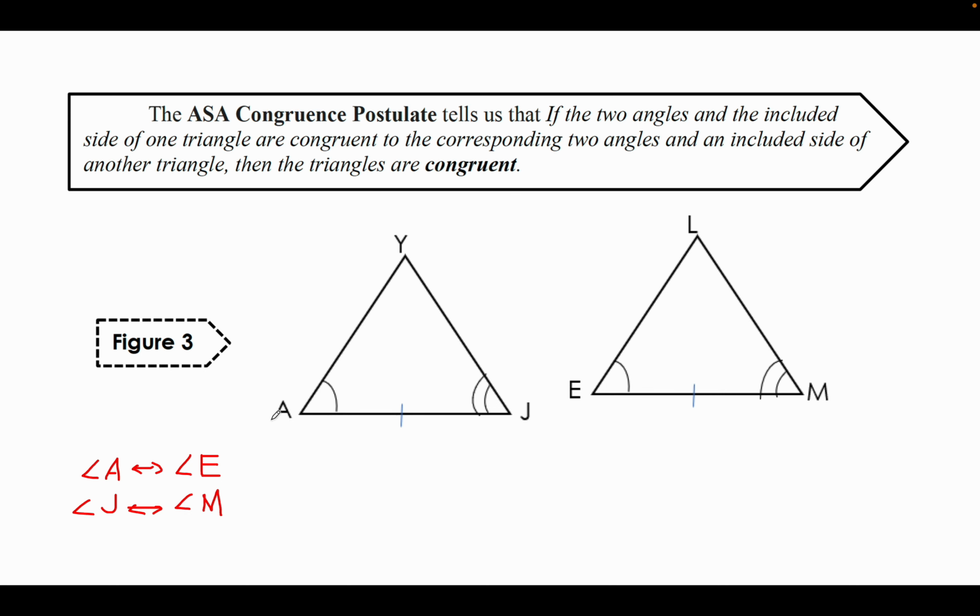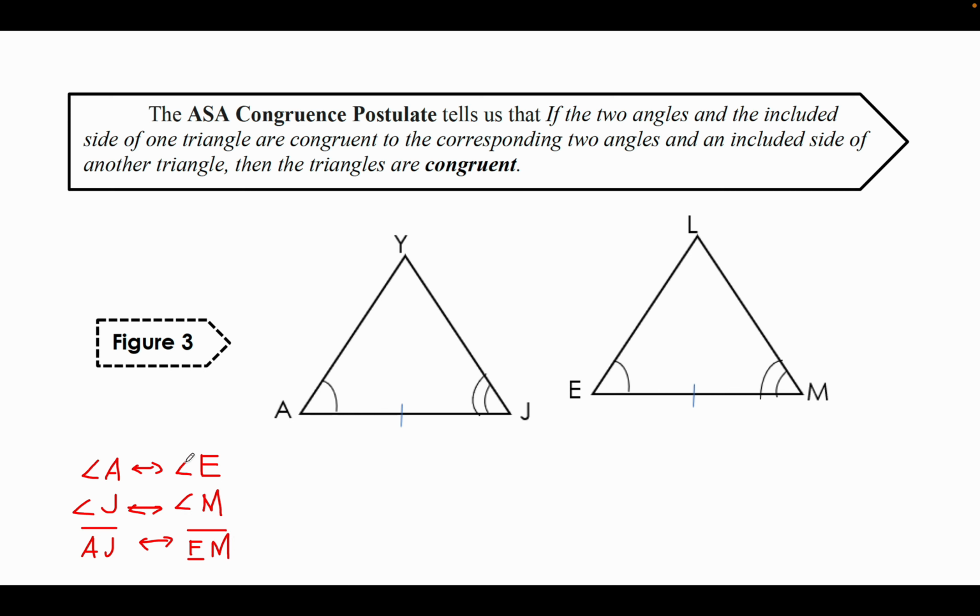And then angle A and angle J, the included side, or the side between these two angles, is side AJ. So line segment AJ, or side AJ, corresponds to the included side of triangle ELM, side EM.